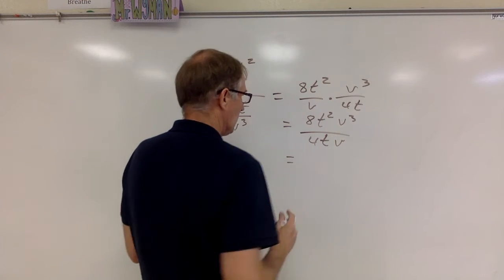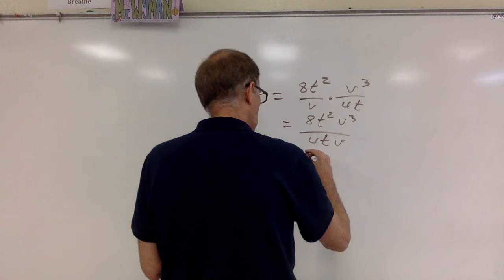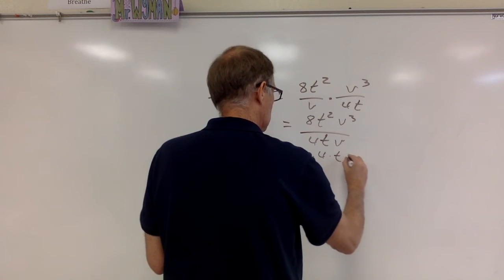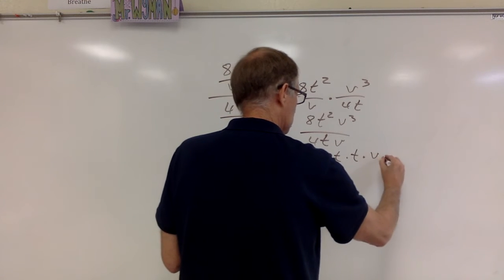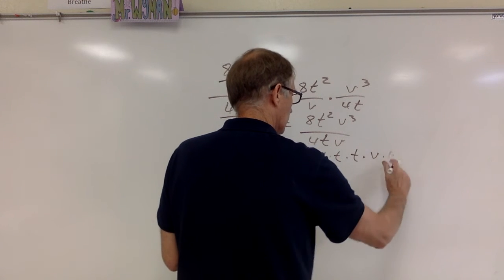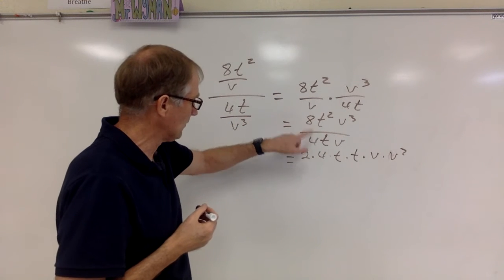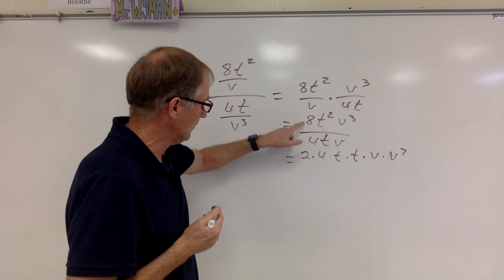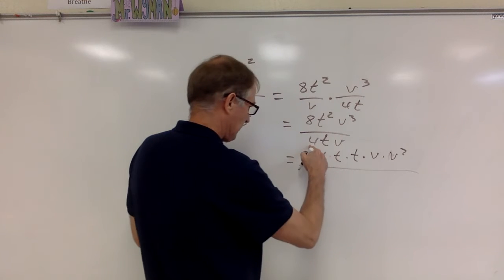Find your greatest common factors here. So 8 is 2 times 4. T squared is t times t. V cubed is v times v squared. I just broke this into its common factors, and I'm looking at the denominator to guide me. This has a 4, so this is 2 times 4. That's that 4.